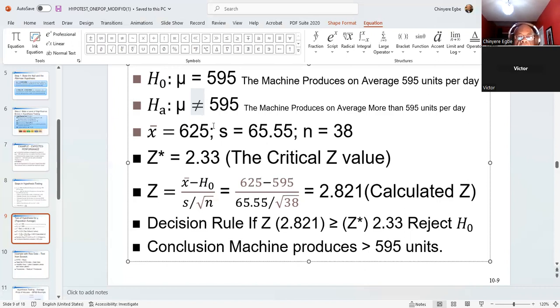This will be a two-sided hypothesis. If we say greater than or less than, then it's called a one-sided hypothesis. And therefore, we concluded, like in this particular problem, that the machine produces more than 595 on the average.